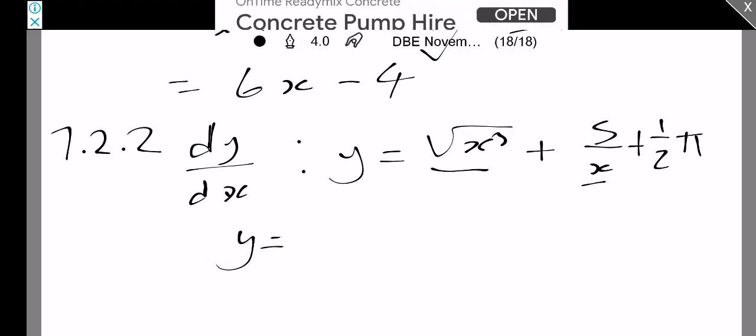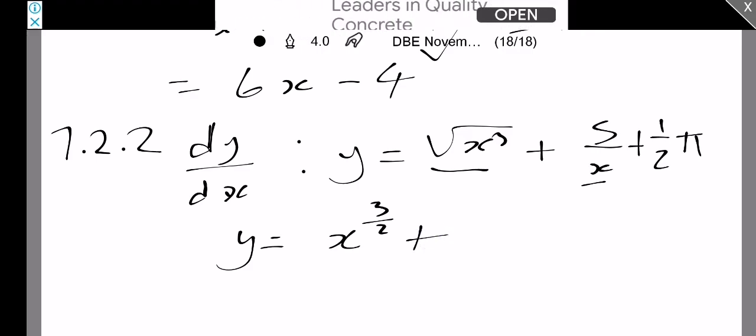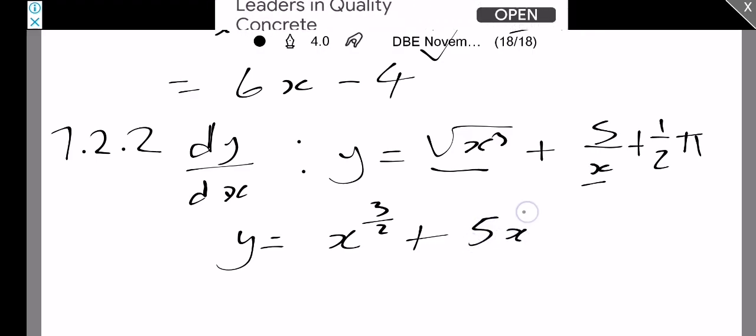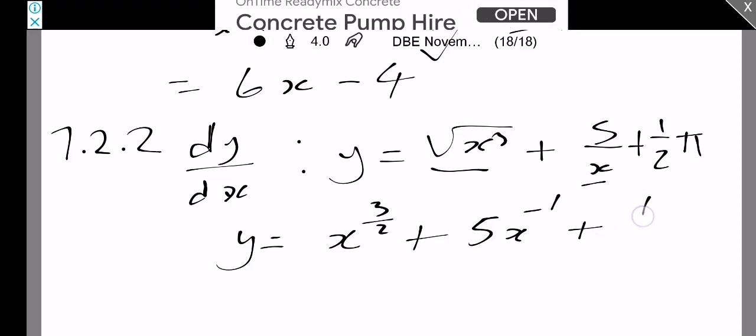Since this is a square root, there's a 2 there even though it's not written, so y equals x to the power 3 over 2, plus, remembering the rules of exponents, 5x to the power negative 1, then plus half pi, which is a constant.